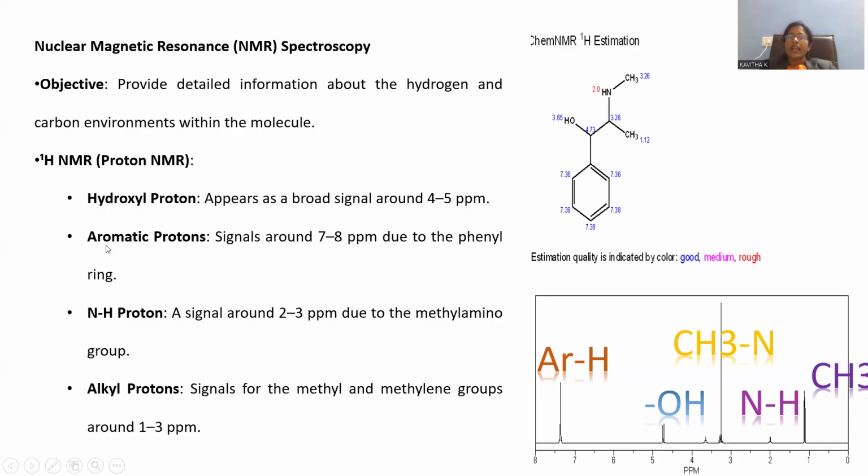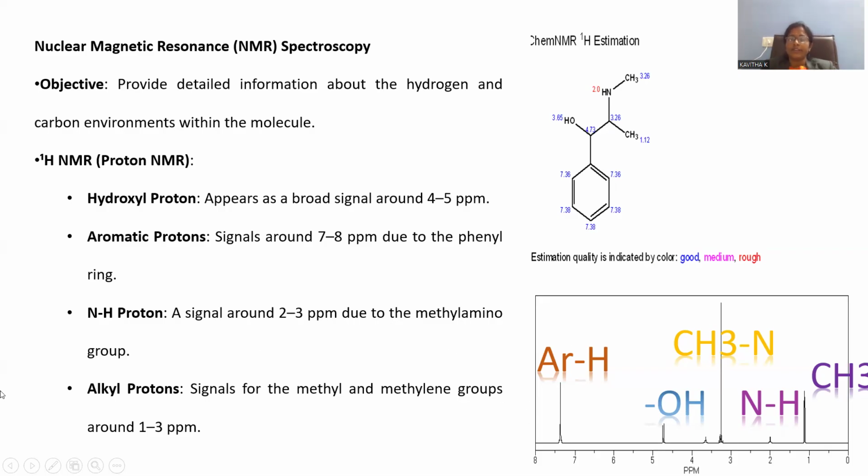Aromatic protons are in the range of 7 to 8 ppm. Wherever the 7 to 8 ppm range is there, the compound is simply aromatic. This is the distinctive characteristic peak, complex peaks in the range of 7 to 8.